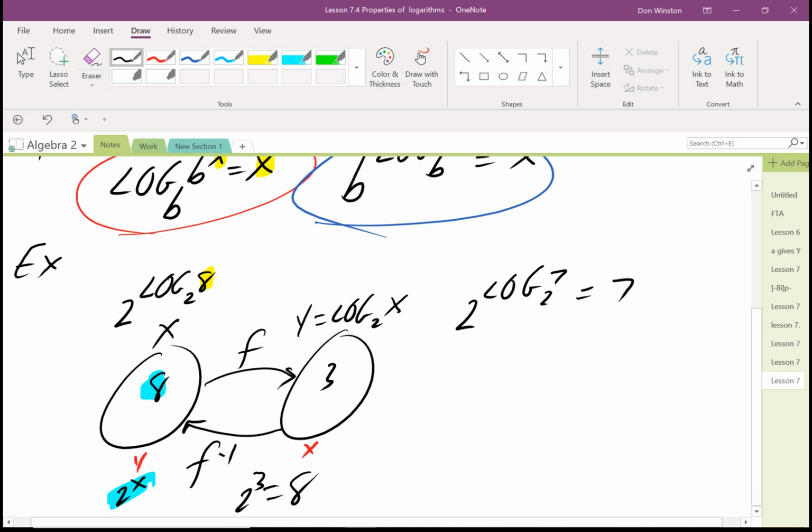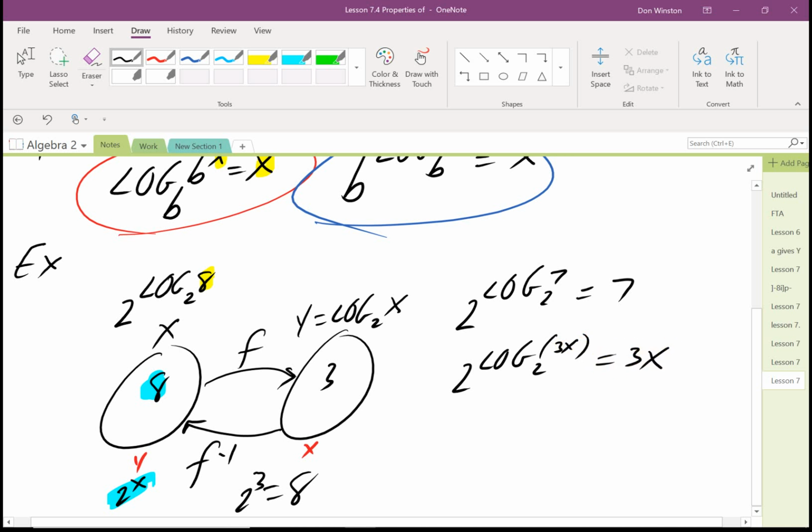And maybe as another one, 2 raised to log base 2 of 3x. Well, that will just equal 3x.